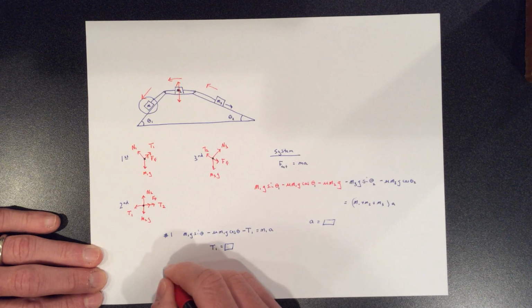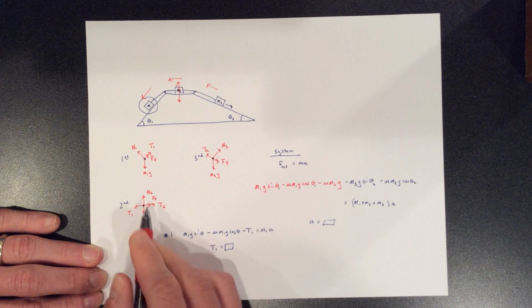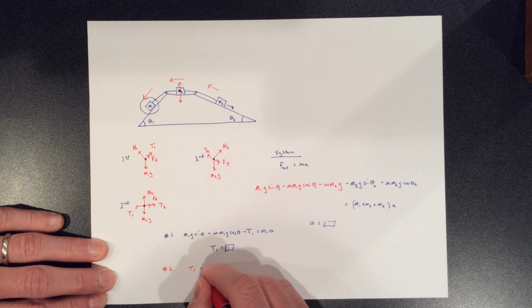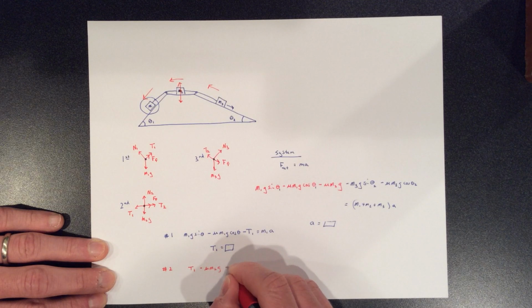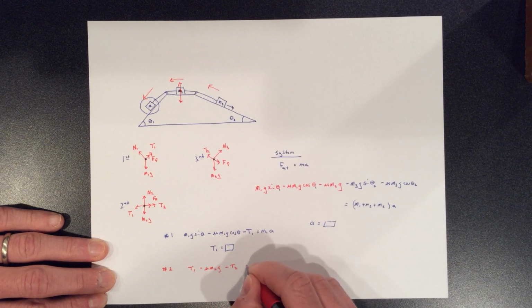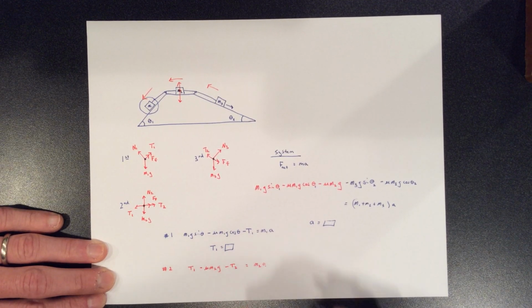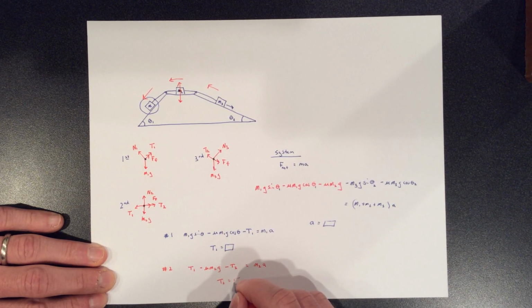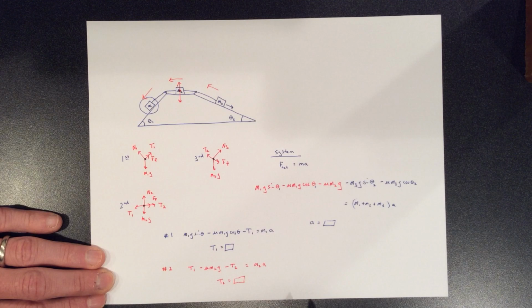Okay? And let's say we're just looking at box 2. Looking at this free body diagram, we would say that T1 minus the force of friction, which is mu M2 g, minus the rope T2 equals M2 A. But once you knew A, you could use this to find T2.